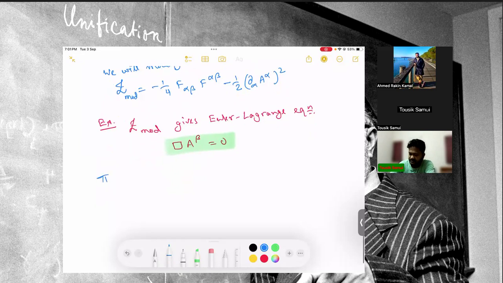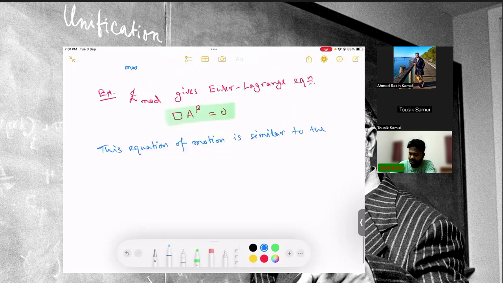This equation of motion is similar, or exactly the same actually, as the equation of motion of a scalar field, except that we have four such equations, for β equal to 0, 1, 2, 3.